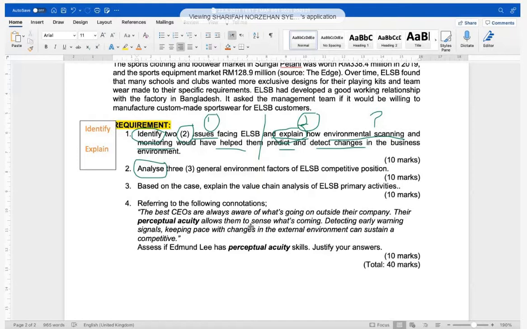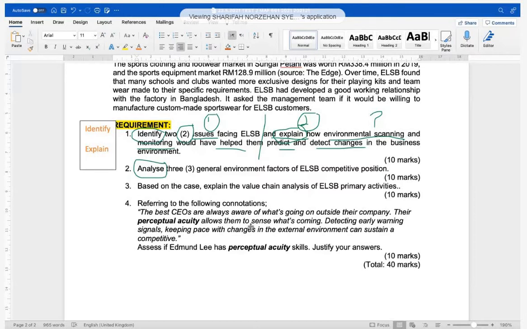What is it that they want you to analyze in this context? They want you to analyze the general environment factors of ELSB's competitive position.